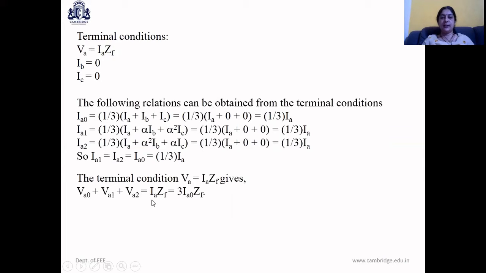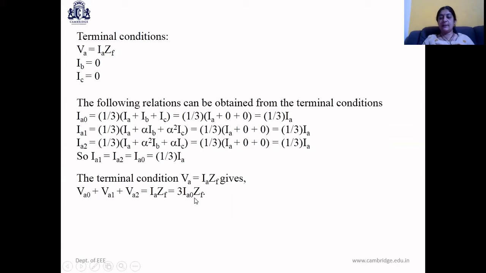So substituting here, VA0 plus VA1 plus VA2 is equal to 3 times of IA0 into ZF. What is this? VA0 is the drop in the zero sequence network, VA1 the drop in the positive sequence network, VA2 the voltage across the negative sequence network. All these three together is 3 times IA0 ZF.